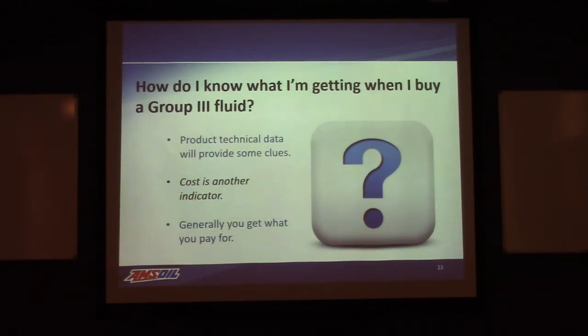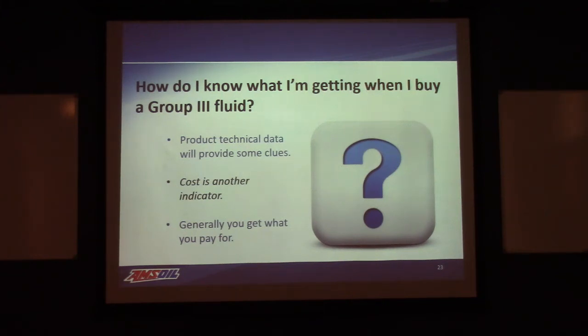How do you know what you're getting when you buy a Group 3 product? I'll tell you what, you can take a look at some of the technical properties and data sheets. Take a look at low temperature performance, that's usually an indicator. Most of the other things are not going to be very clear. A big indicator is cost.